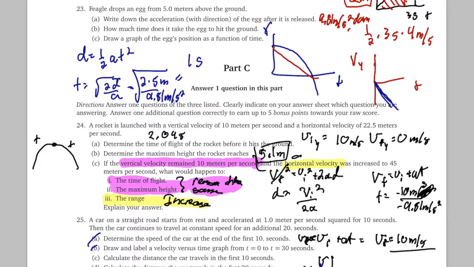And then I add them together. So the total distance in the first 30 seconds would be 250 meters. In the first 10 seconds it is just 50 meters.